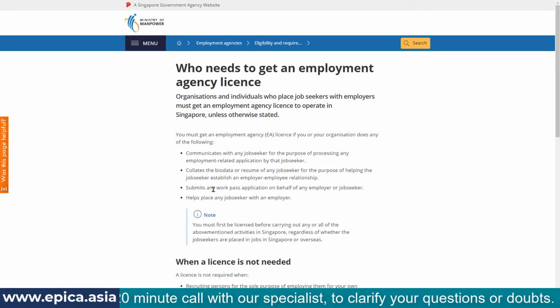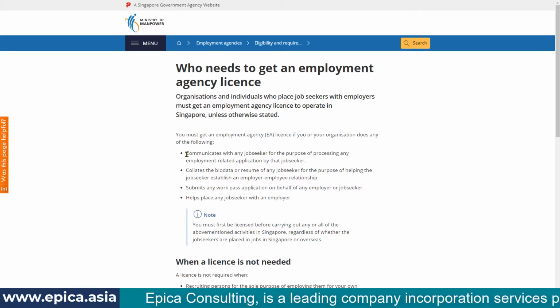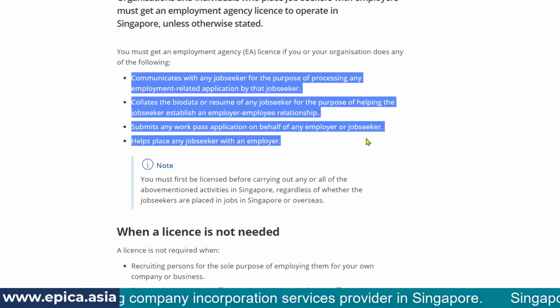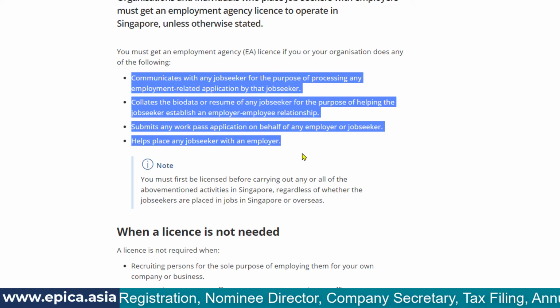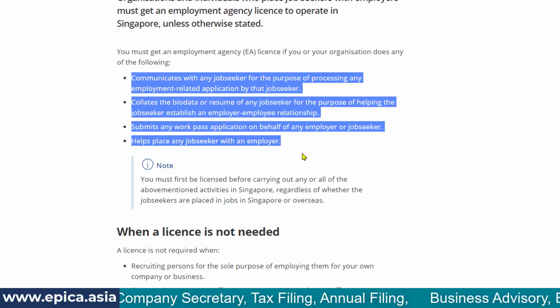Any company that interacts with candidates or potential clients for placing the candidate in a job is required to obtain an employment agency license, and that typically includes communicating with any job seeker for the purpose of processing any employment related application, collecting the biodata or resume of any job seeker for the purpose of helping the job seeker to establish an employer-employee relationship, submitting any work pass applications on behalf of any employer or job seeker, or helping to place any job seeker with an employer.